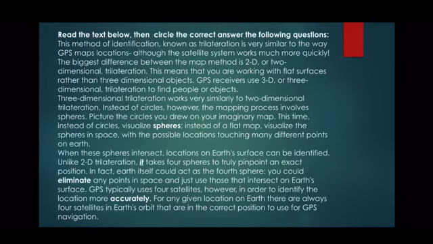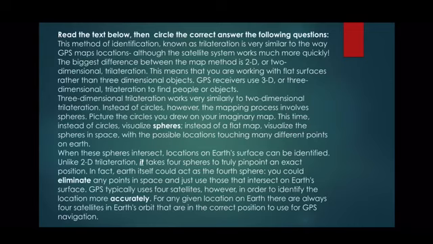Three-dimensional trilateration works very similar to two-dimensional trilateration. Instead of circles, however, the mapping process involves spheres. Picture the circles you drew on your imaginary map. This time, instead of circles, visualize the spheres. Instead of a flat map, visualize the spheres in space, with the possible locations touching many different points on Earth.